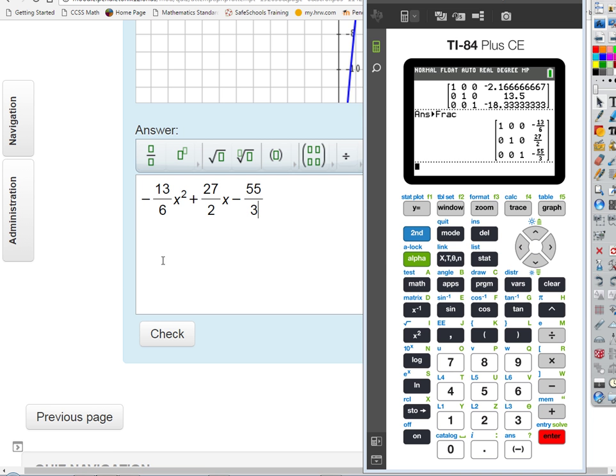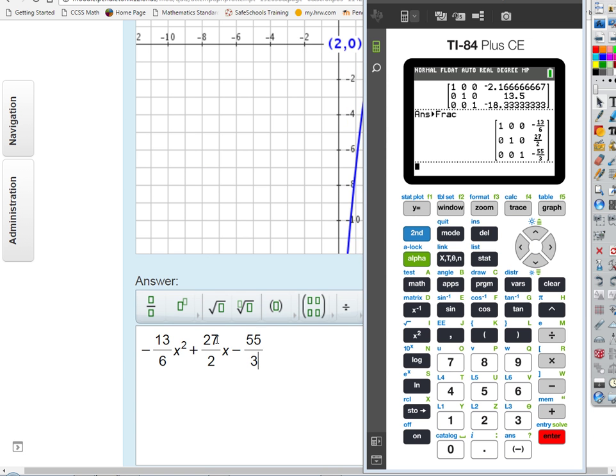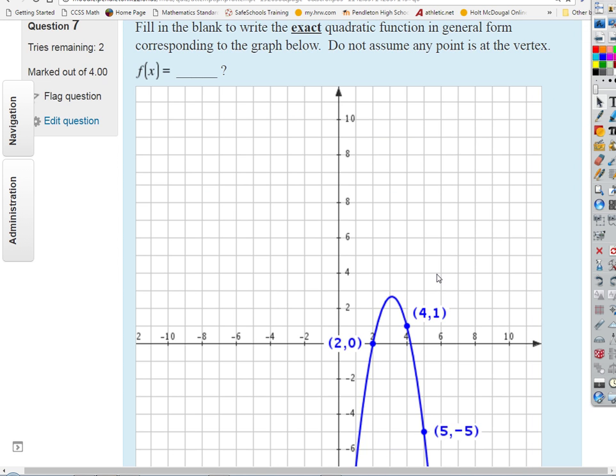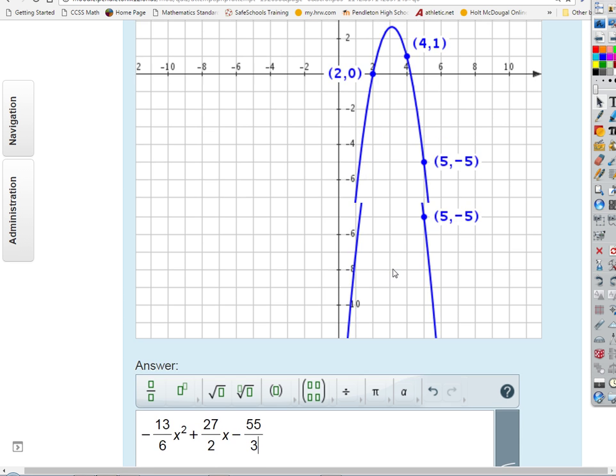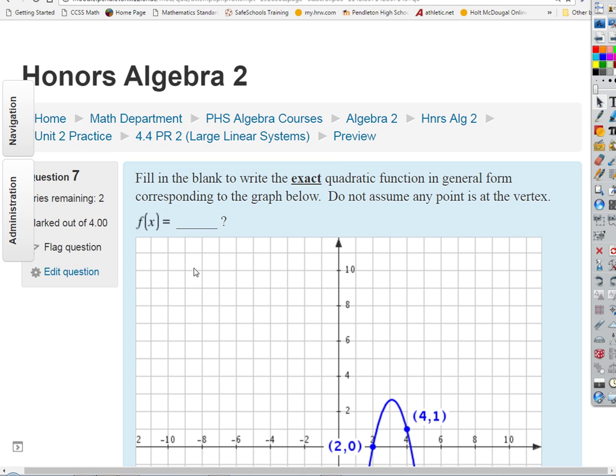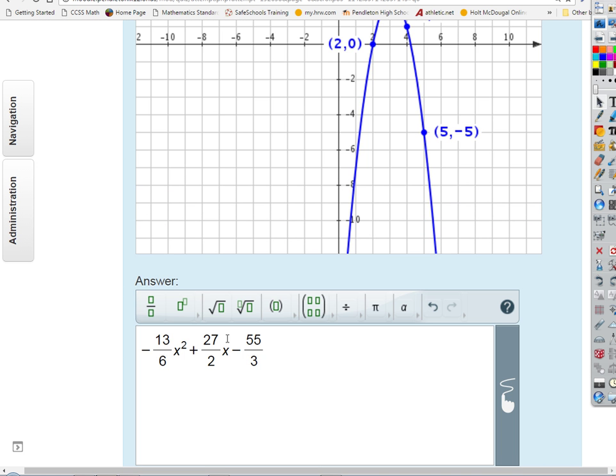And those are exact values of the coefficients, and so that is the exact value of the function that fits this parabola that goes through those 3 points. F of x, or y, equals that.